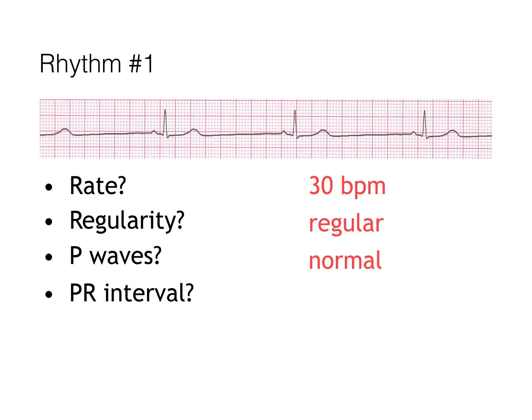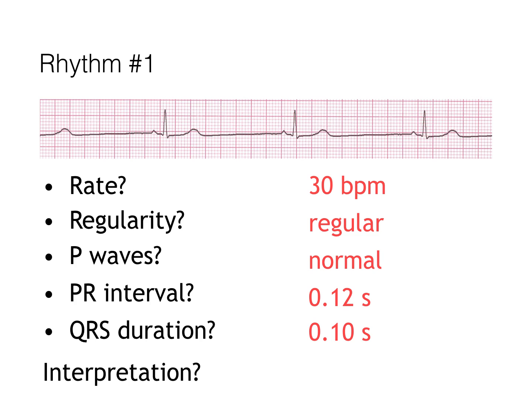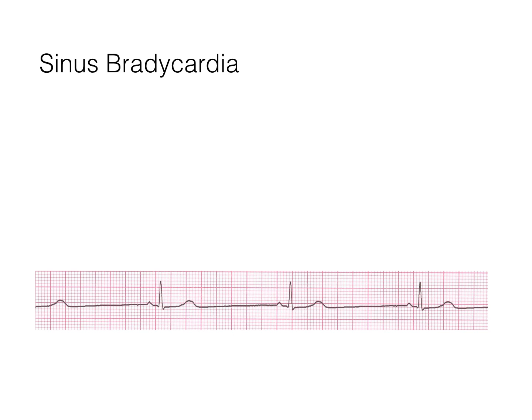What is the PR interval? It's about 3 small boxes, so it's 0.12 second. What is the QRS duration in this? It's around 0.1 second. So what is your interpretation? It's a sinus bradycardia.